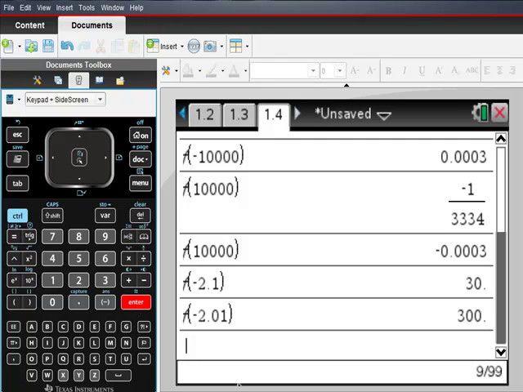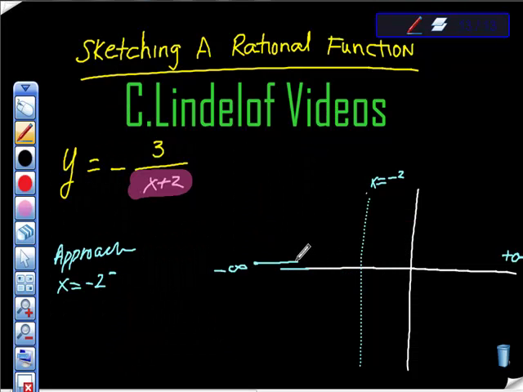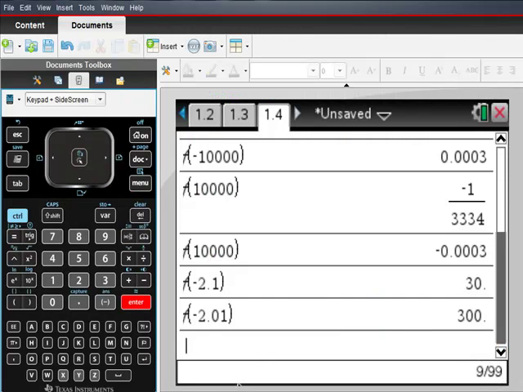So we can say with some certainty now that this function does this, doesn't it? From this side, as it gets really, really close to x equals negative 2 from the left-hand side, it goes up, doesn't it? What do you think it's going to do from this side? First thing I have to do is find some end behavior. So I went back to my calculator and asked, what's f of 10,000?